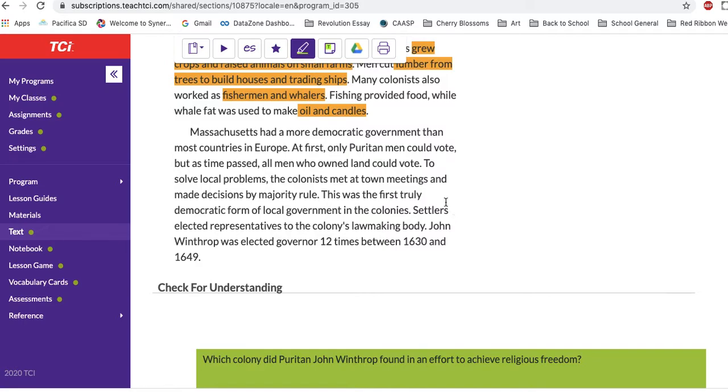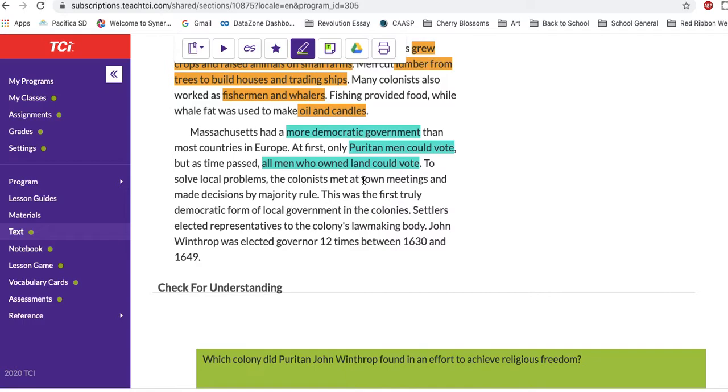Okay, so we know here that it was more democratic than most countries in Europe. It also says Puritan men could vote. So at first it was only Puritan men that could vote. But then it turned into all men who owned land could vote.